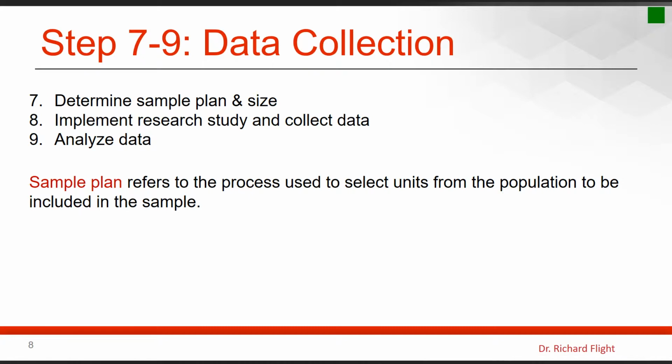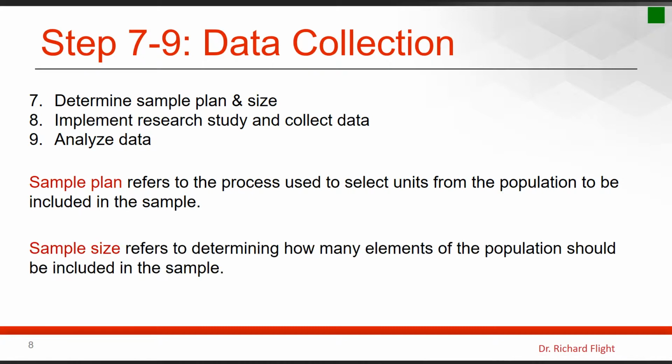So we put a lot of thought, time, and effort into how we will access our sample, making sure that the sample represents the population or the market that we're actually focused on. The other issue is how many respondents we're going to need, what our sample size will be. There are calculations for that.